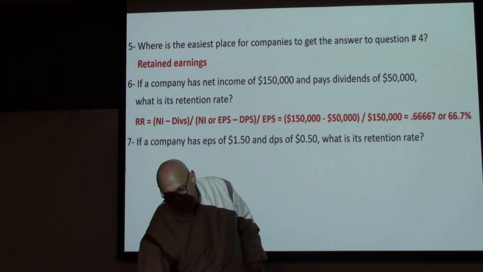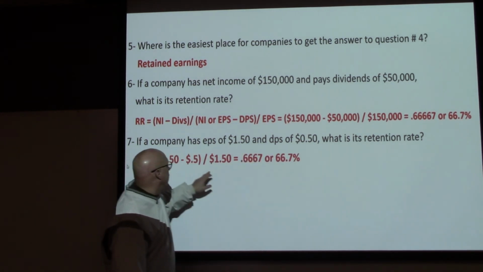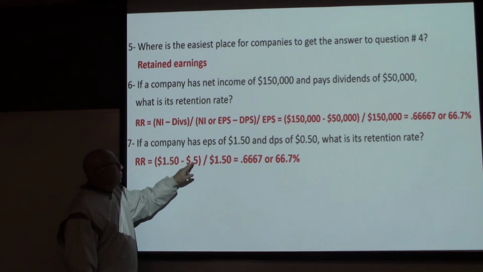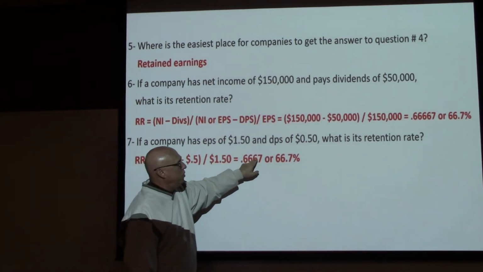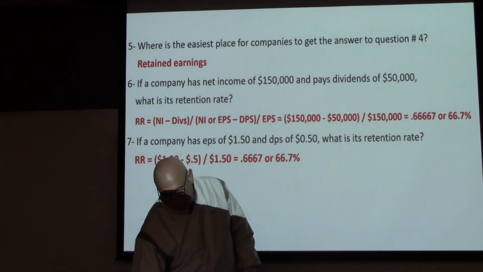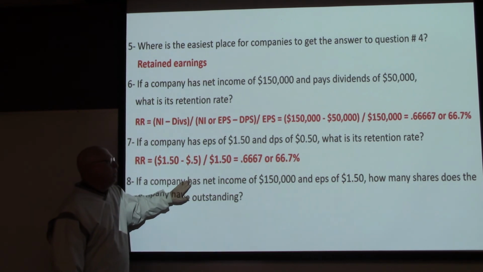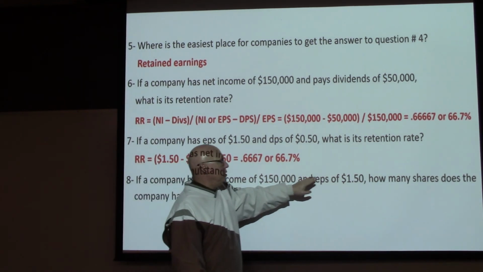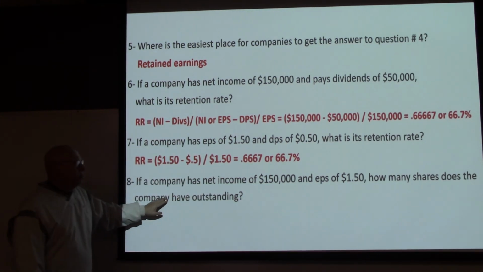If a company has earnings per share of $1.50 and dividends per share of 50 cents, what is its retention rate? Earnings per share minus dividends per share divided by earnings per share, same thing. Same answer. If a company has net income of $150,000 and earnings per share of $1.50, how many shares does the company have outstanding?